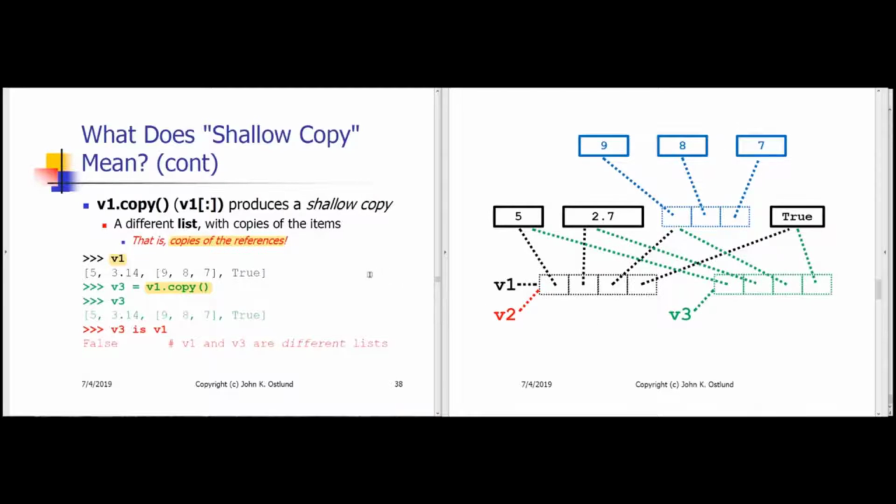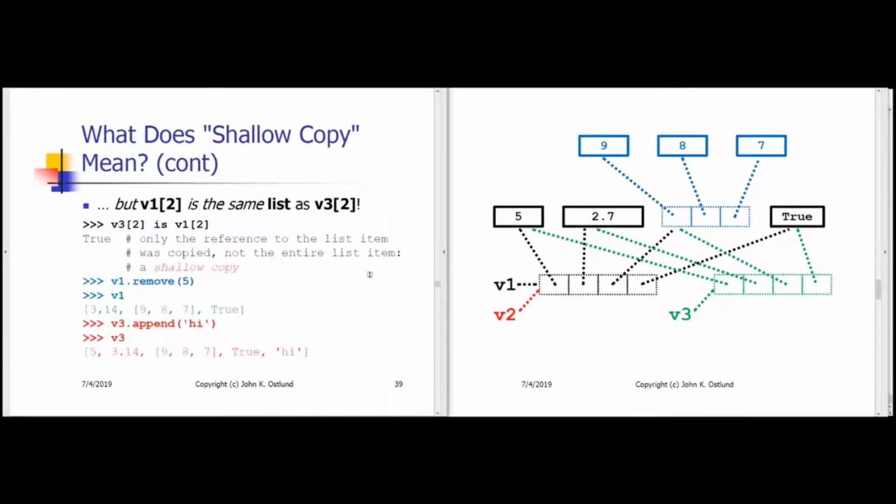I only got a copy of those references. Now, it is going to be the case that v3 sub 2 is the same object as v1 sub 2. So v1 sub 2 is this reference, which is this list, and v3 sub 2 is this reference, which is referring to the same list.